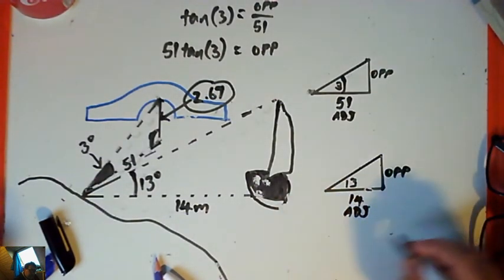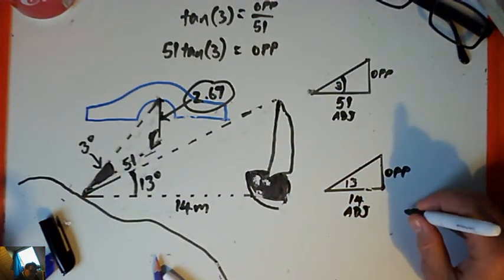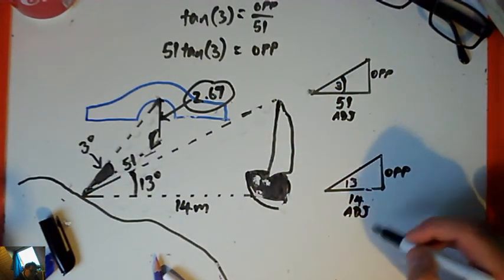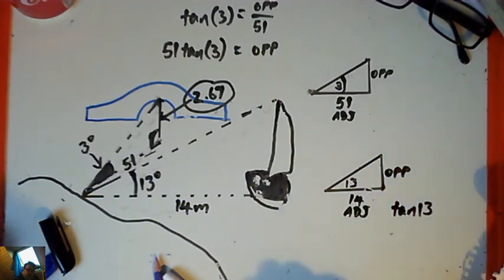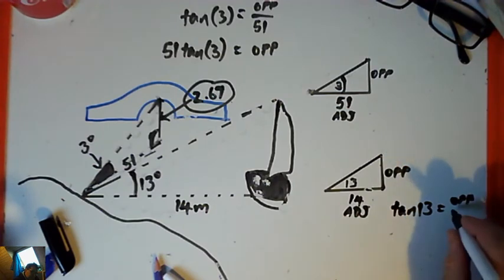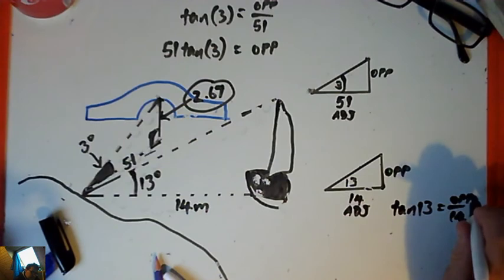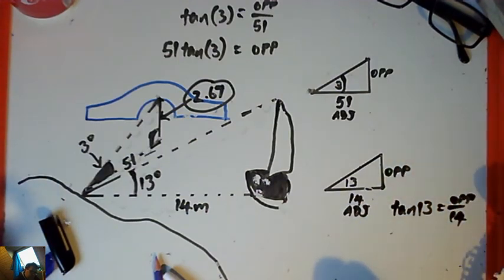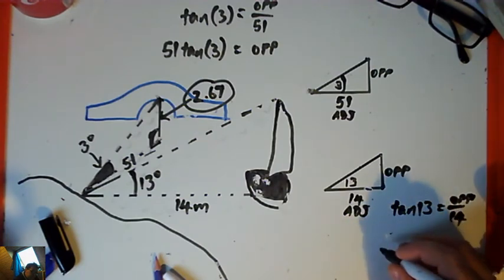So tan equals opposite over adjacent. In this particular case, tan 13 equals the opposite side over 14. So 14 times tan 13 gives you the opposite side.